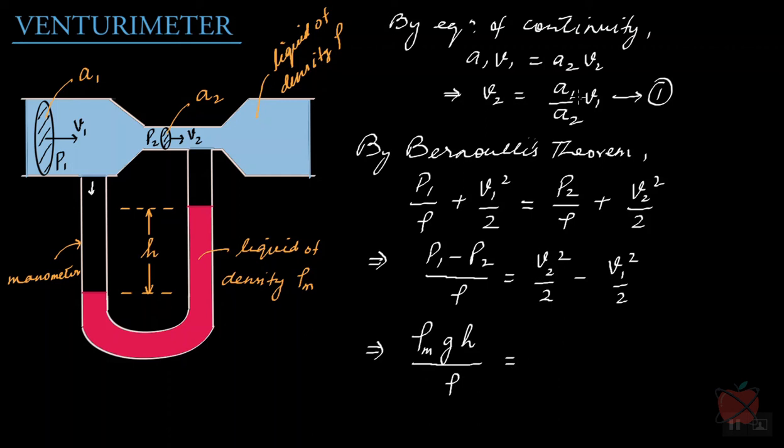Let's put the value of V2 from equation 1: A1 square by A2 square, V1 square by 2, minus V1 square by 2. We can take V1 square by 2 common, and you will get A1 square by A2 square minus 1.